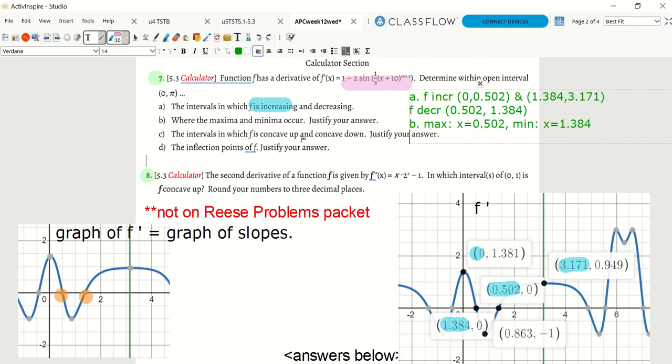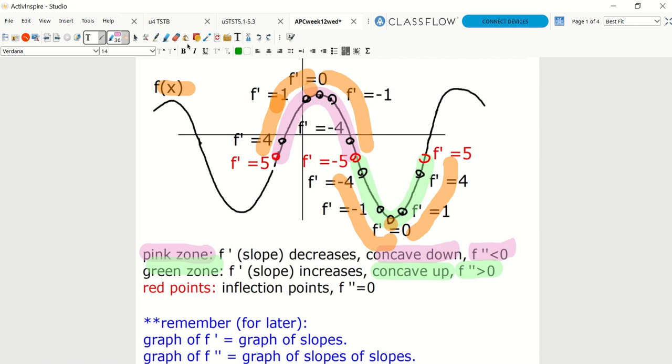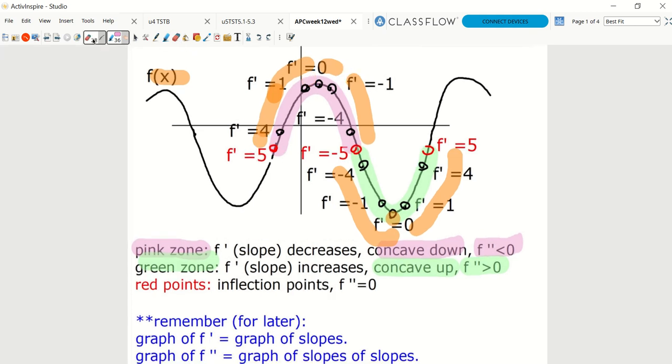So if we look back over here, it's concave up when the change in slopes, let me put it this way. This pink is concave down because slopes are decreasing, okay? And here, this is concave up because slopes are increasing.